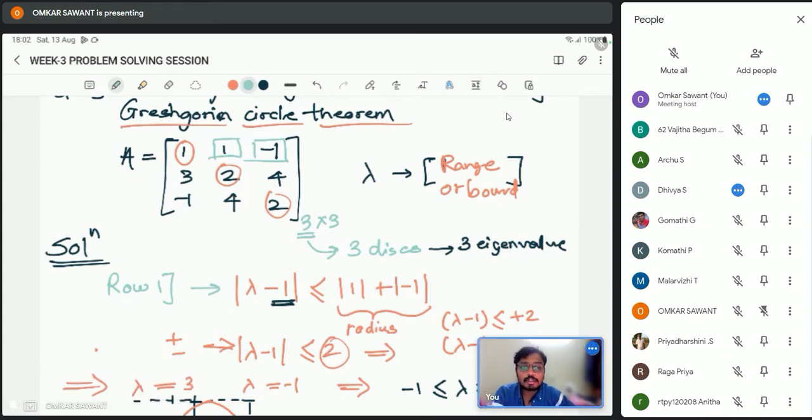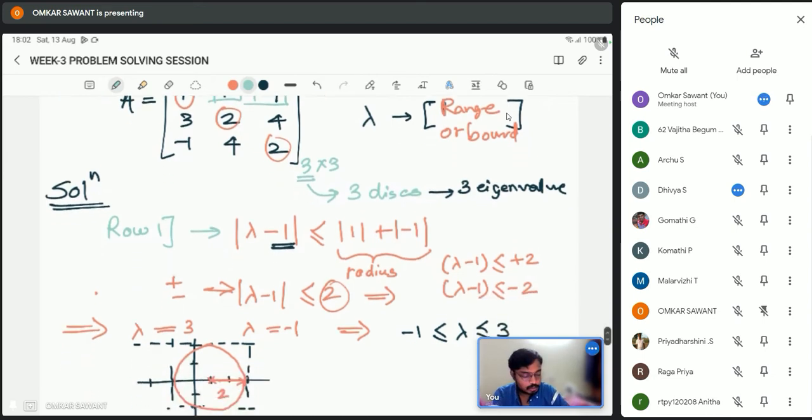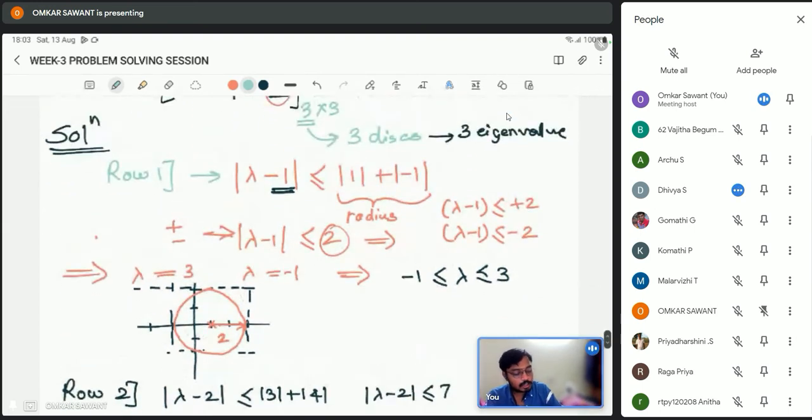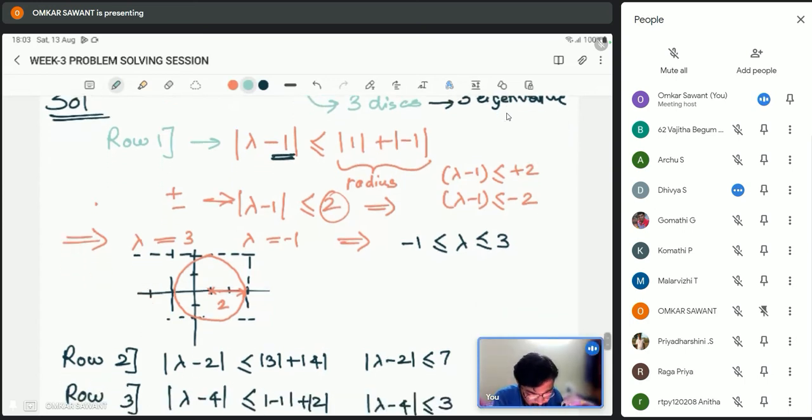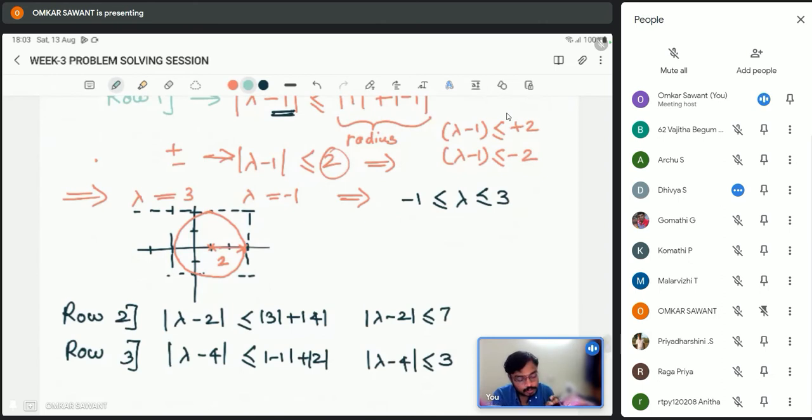Those are off diagonal, right? I asked you diagonal. Okay, for the third it is 2, right? So you can now calculate the radius of the Gershgorin disk of that particular row using this theorem. Okay, so tell me what is the center of the circle for the Gershgorin disk of row 2?